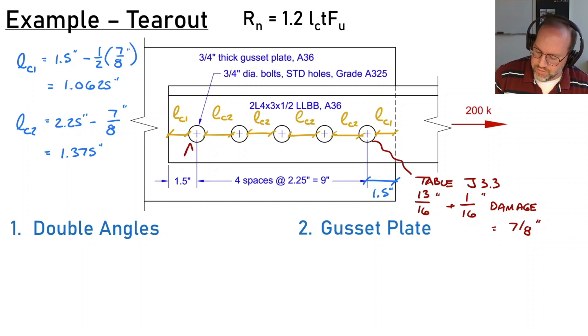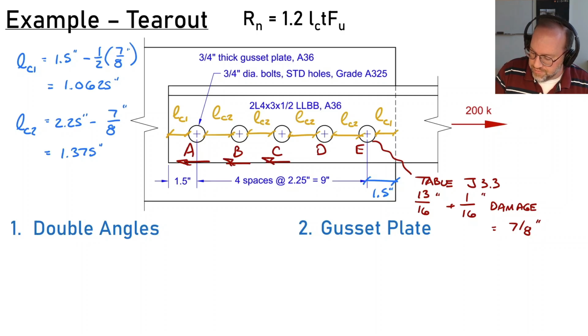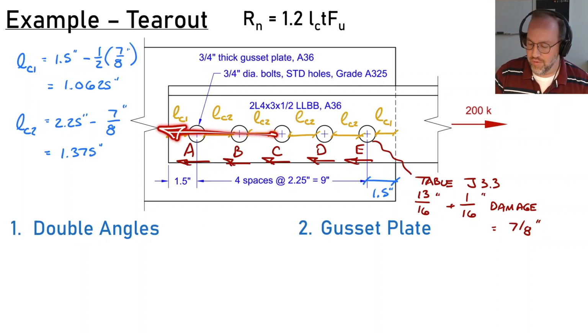For convenience, I'm going to letter all of my bolts here because they will have different capacities depending on which bolt I'm looking at and depending on which direction that bolt is being pulled. So for example, in the double angle, everything is being pulled to the left. So my tear out is always going to happen this way for my double angle.